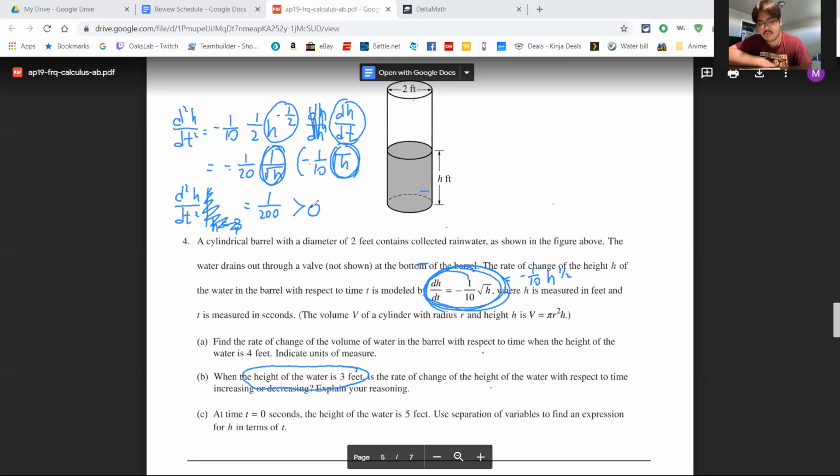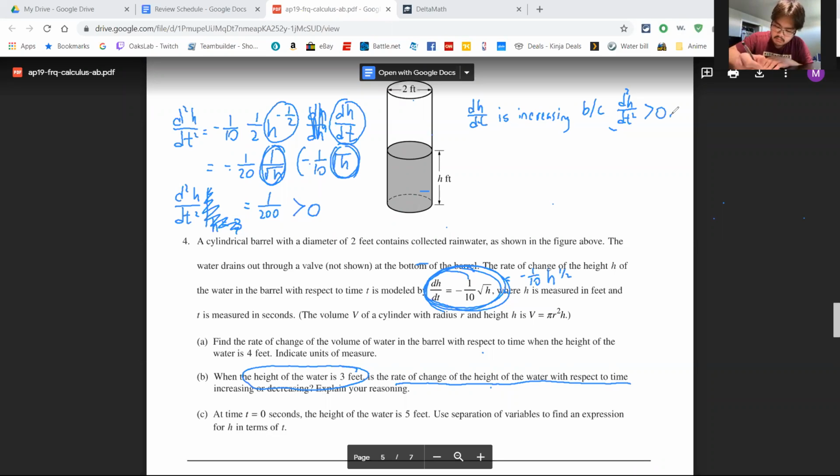All right, since I know the second derivative is positive, then I can say that dh/dt, or if you want to put it in words, the rate of change of the height of the water with respect to time, is increasing because d²h/dt² is positive.